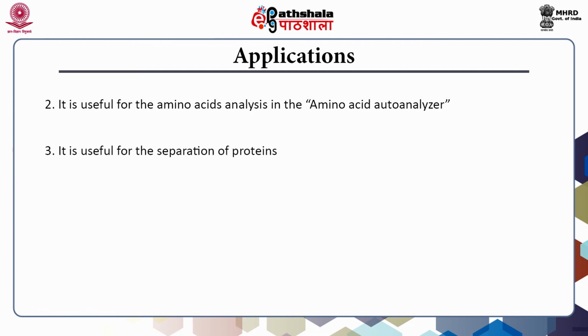And another important use of ion exchange chromatography is the separation of proteins. As we have discussed previously, proteins at certain pH values will have either an anionic state or a cationic state, depending upon their pKa value.